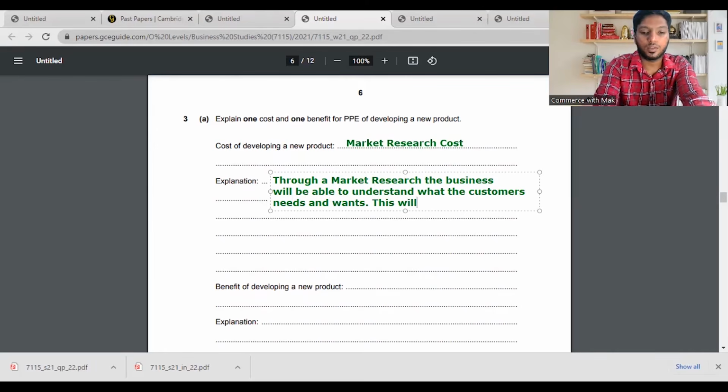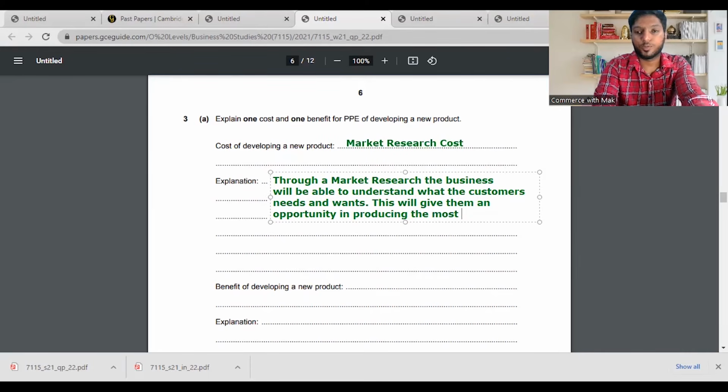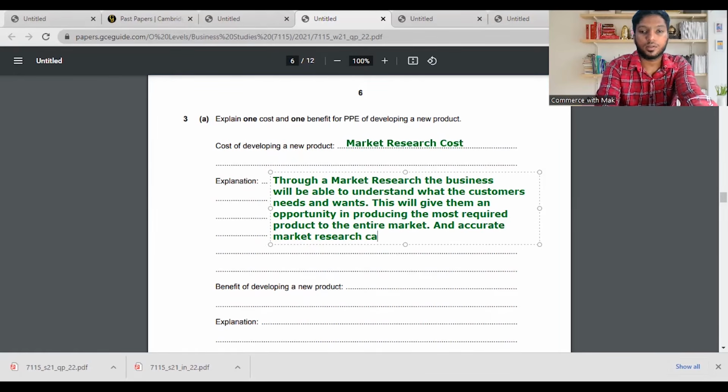This will give them an opportunity in producing the most required product to the entire market. And also you can write, proper correct market research or accurate market research can decrease the chance of losing the customer base.